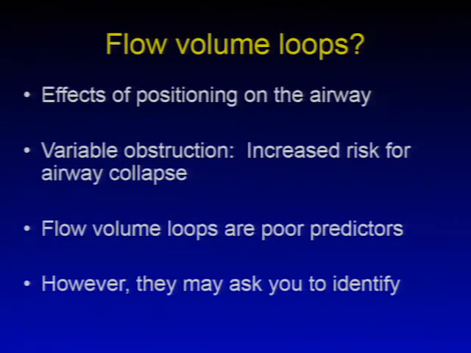Now let's move on to flow volume loops, and this shows the effects of positioning on the airway. Now, I said before, with variable obstruction, the patient is at increased risk for airway collapse. And flow volume loops, frankly, are somewhat poor predictors of how patients are going to do in terms of the operation itself. They certainly may be beneficial in determining the effects of positioning on the airway.